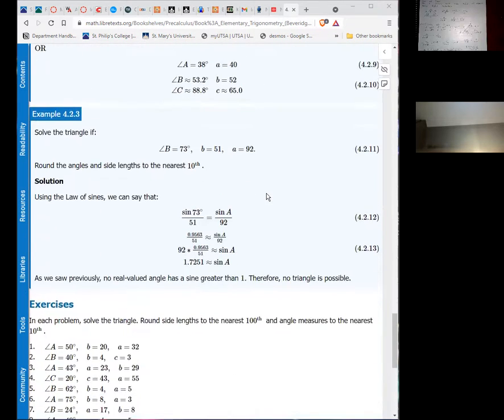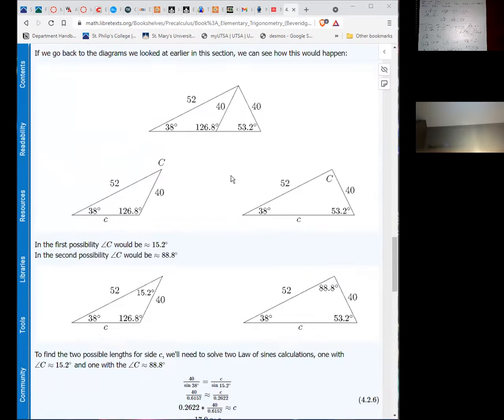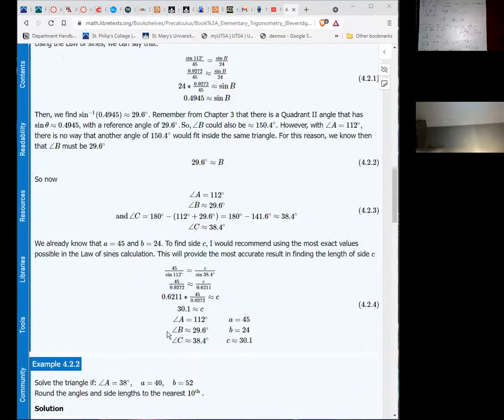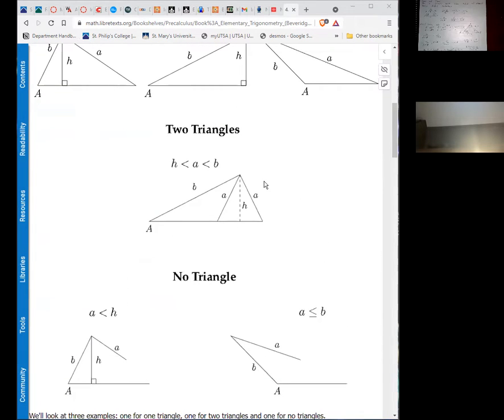I just want to make sure you know what I'm talking about when I say it could be no triangle, two, or one. This is what I'm saying. No triangle looks like this. It just never closes. It's not long enough. This happens when you're trying to solve for an angle and you get an error in your calculator. Usually that's a big red flag that there's no triangle. And then I'll show you how to tell if there's two.